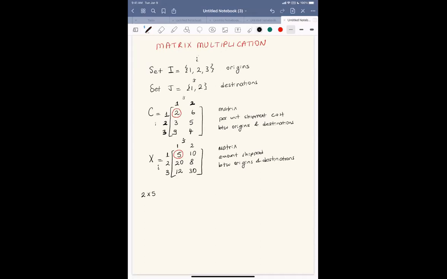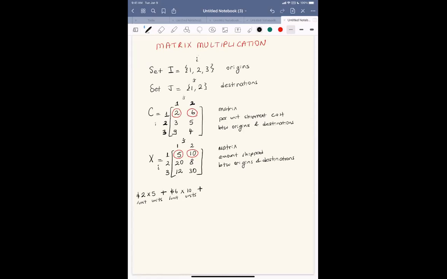As a reminder, this is $2 per unit, and that's 5 units. Plus, sticking with the first row, moving on to the second destination, I'm going to multiply these two elements: $6 per unit multiplied with 10 units.